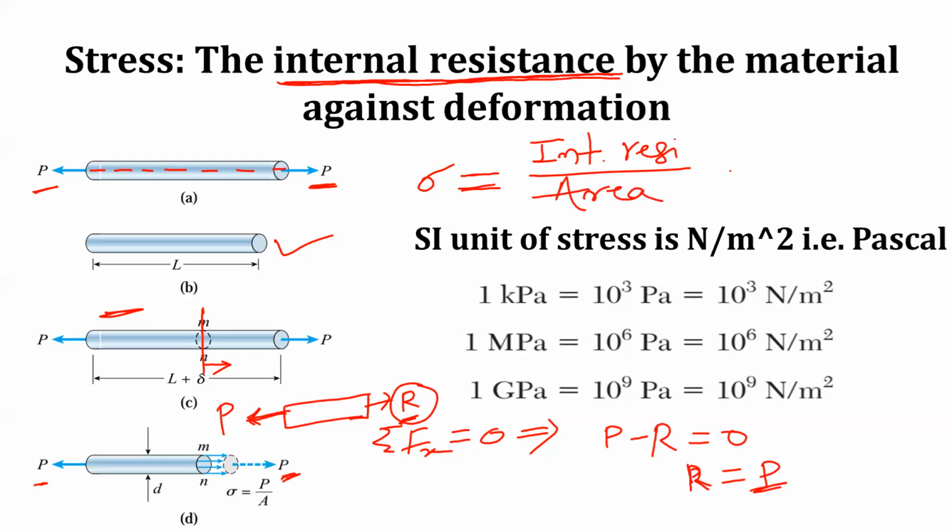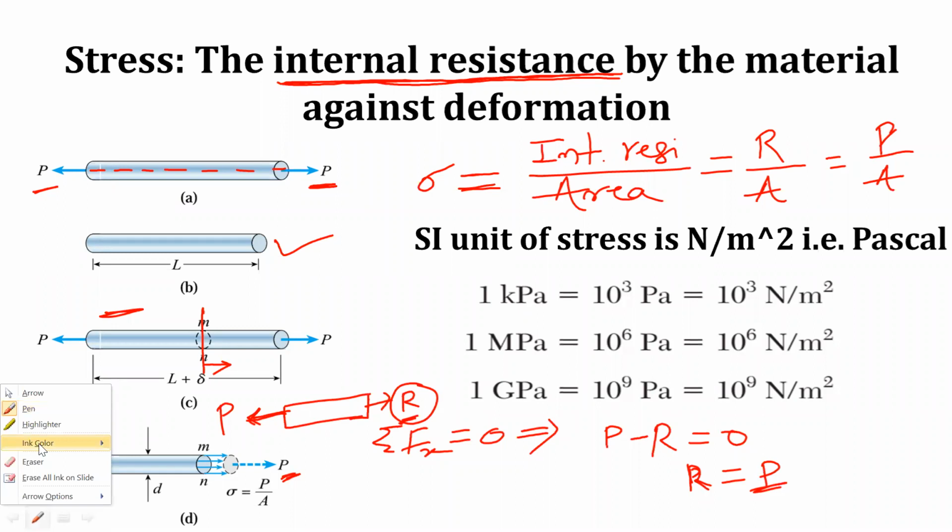Here the internal resistance is R, and suppose the cross-sectional area is A, but the value of R is P, so stress is P upon A. Directly, in the book or anywhere, the formula of stress will be sigma equal to load upon area.